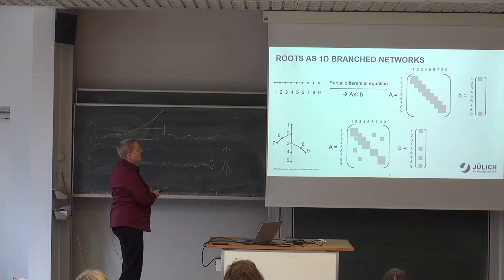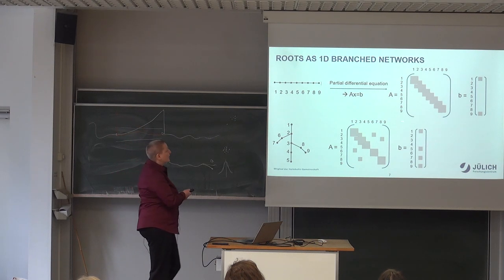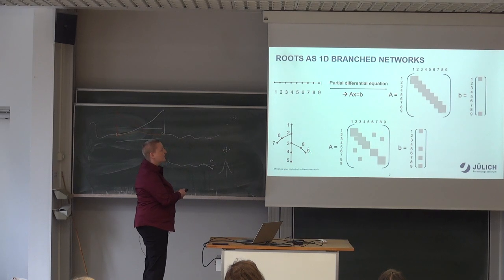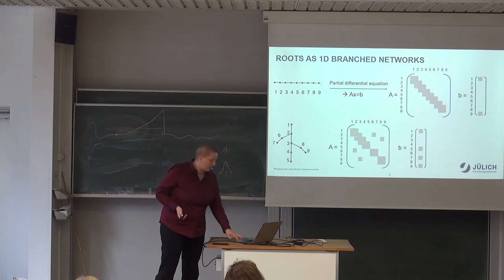For example, here 3 and 8 are connected, and so you will have an entry here in the matrix A. And also the boundary conditions are distributed across the vector, and we have more than 2 boundary conditions first of all, and they are for these different nodes at any position within the vector b.